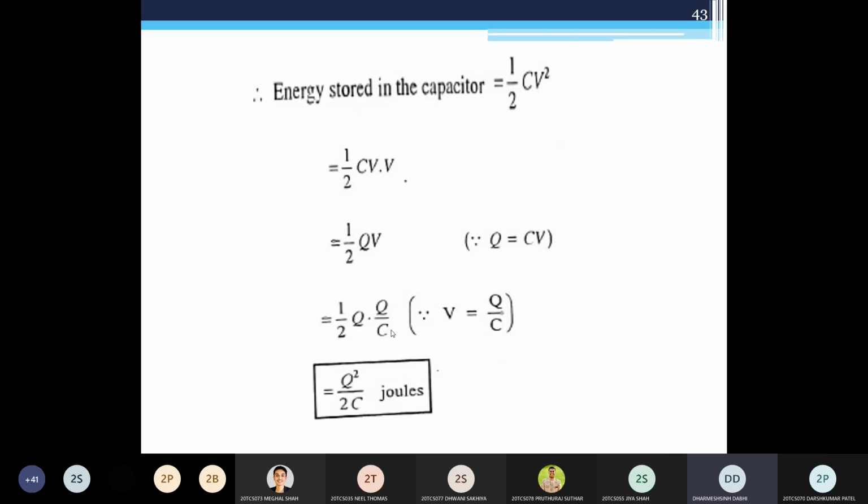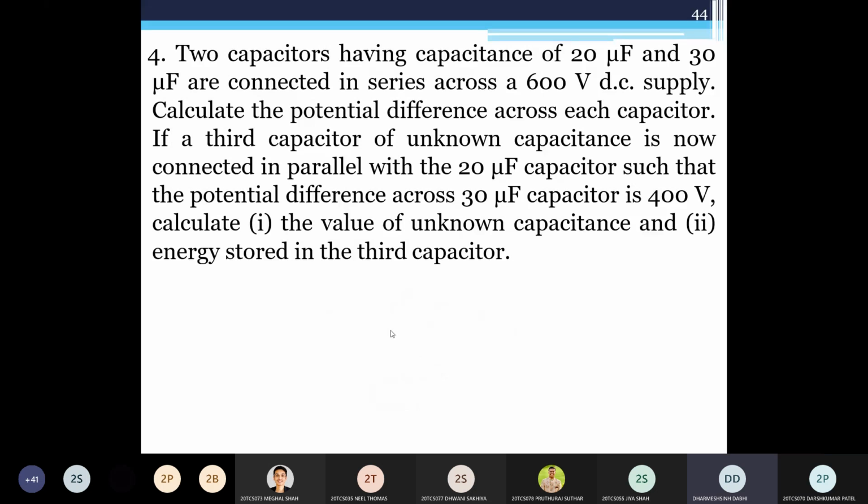Okay. So let's calculate the examples related to this. Write down this example. Two capacitors having capacitance of 20 microfarad and 30 microfarad are connected in series across a 600 volt DC supply.